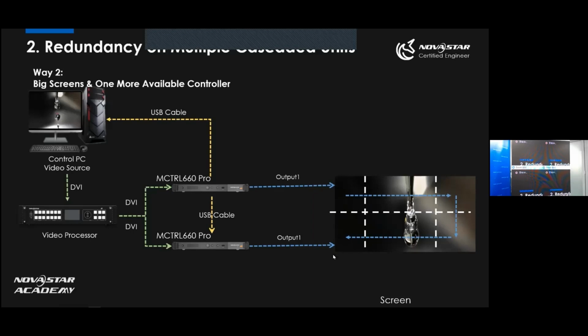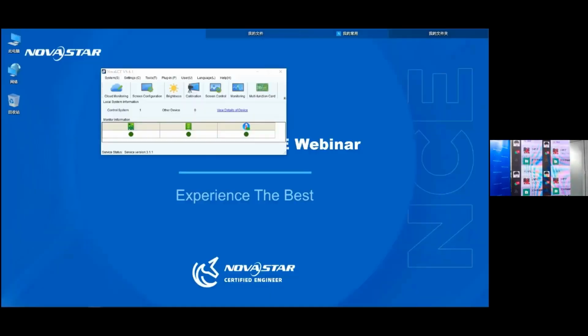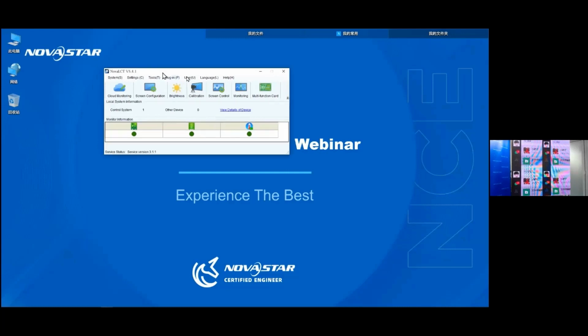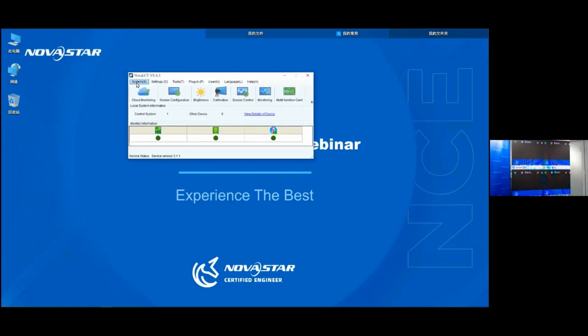And now my colleague has already changed the hardware connections. The two devices are cascaded together. So let's see how can we set it in the software. Okay, now we come back to the software NovaLCT and we reconnect the system and wait for some minutes.